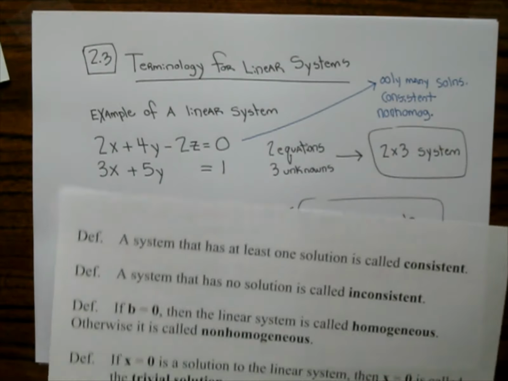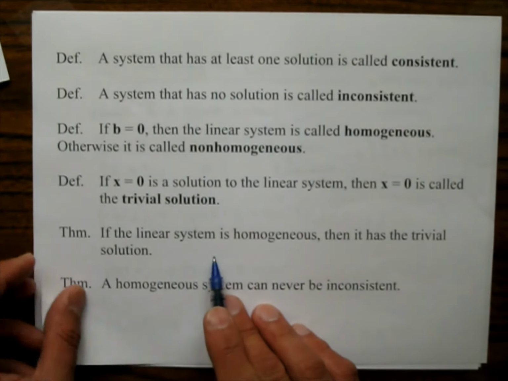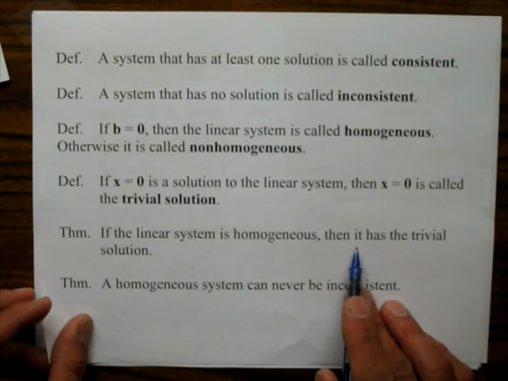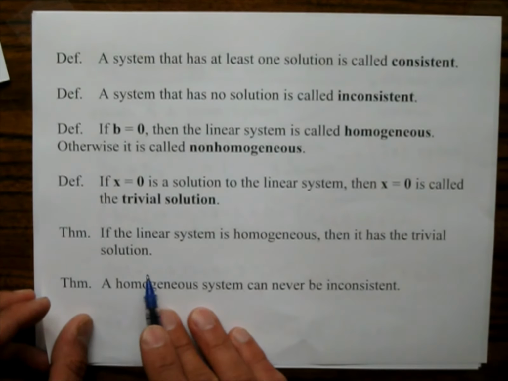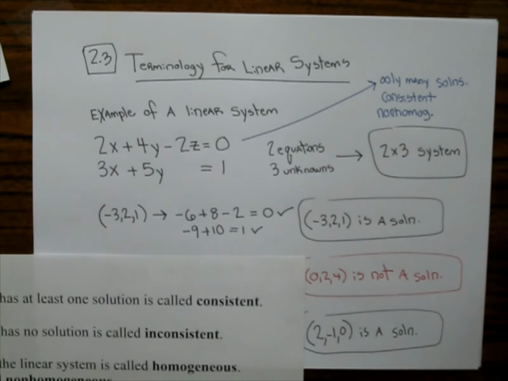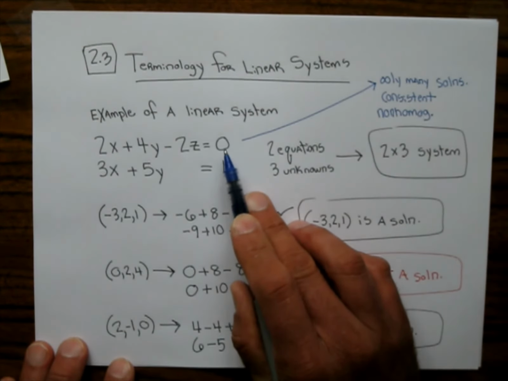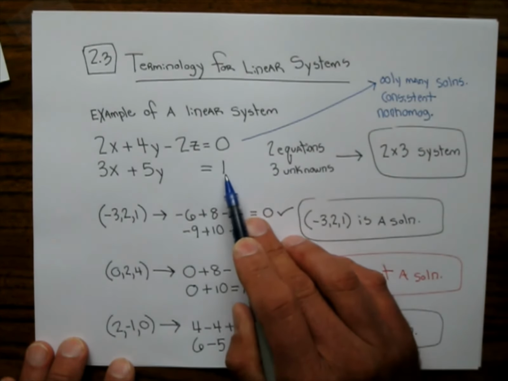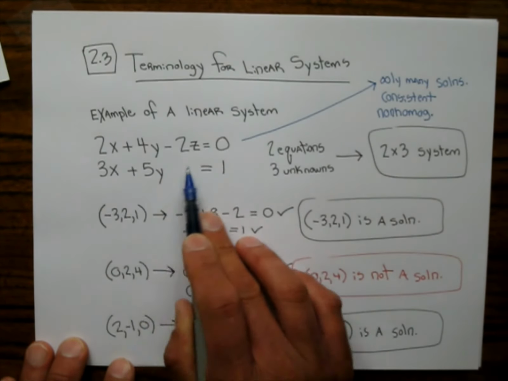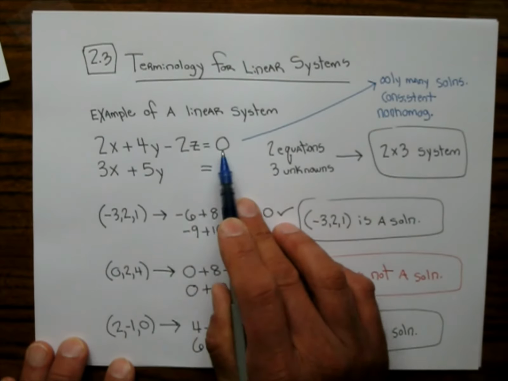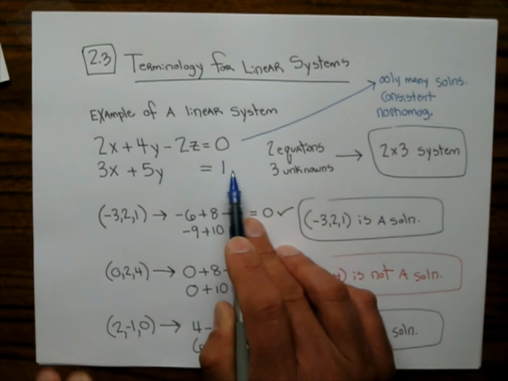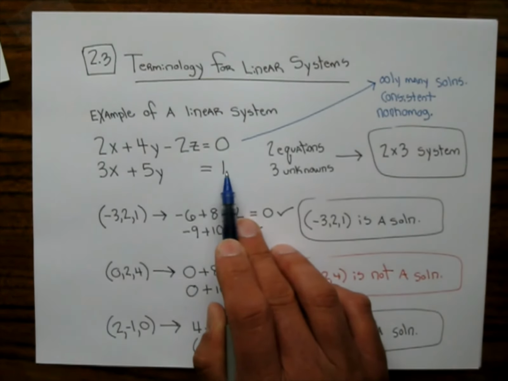The next definition says if the linear system is homogeneous, then it has the trivial solution. So think about this. If we had a homogeneous system here, that would mean that was 0 and that was 0. Then obviously, if you zeroed out all the variables, you would get 0 equals 0, 0 equals 0, and you would have the trivial solution of 0, 0.